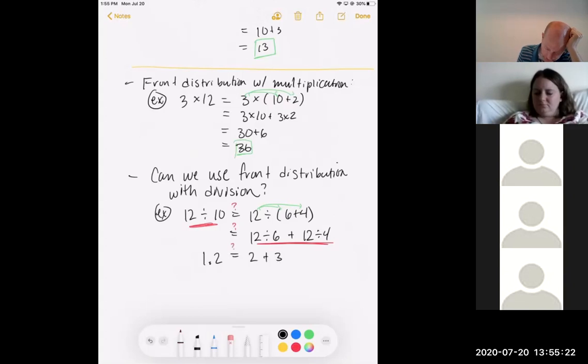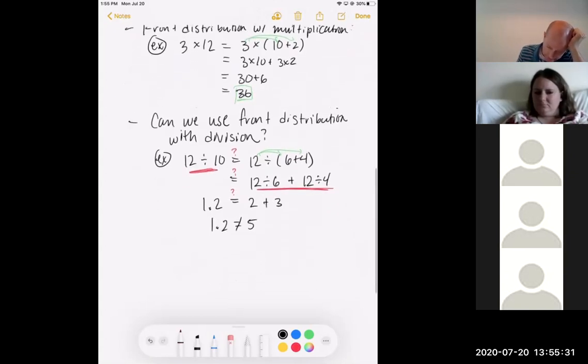And 1.2 is definitely not equal to 5. Thus we cannot distribute division in the front.